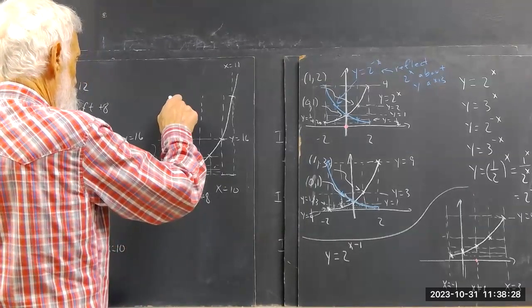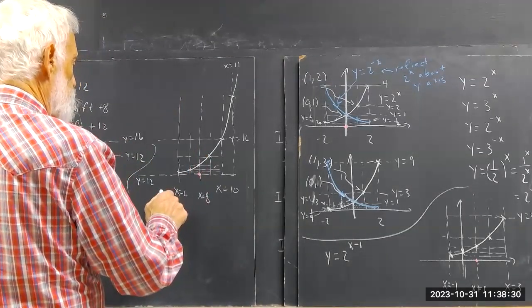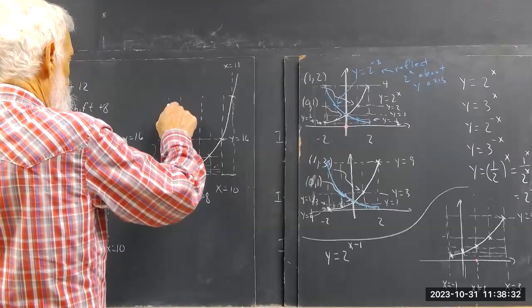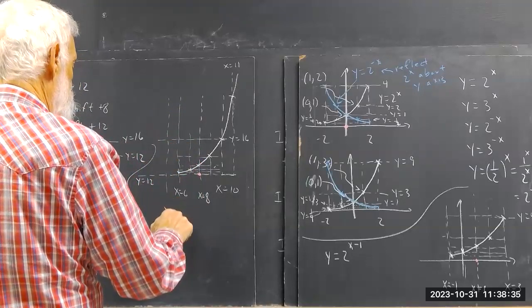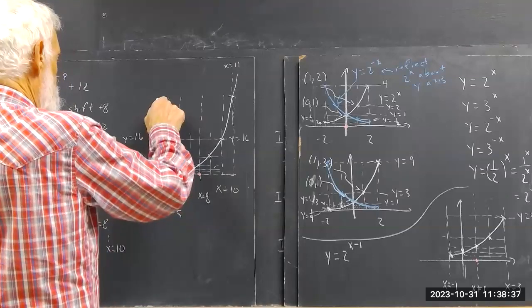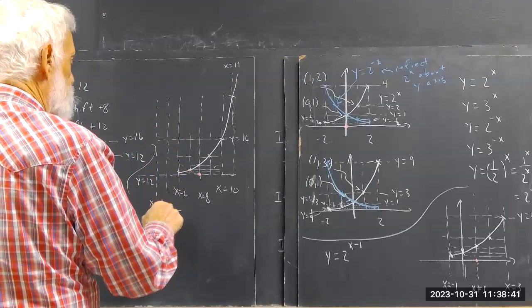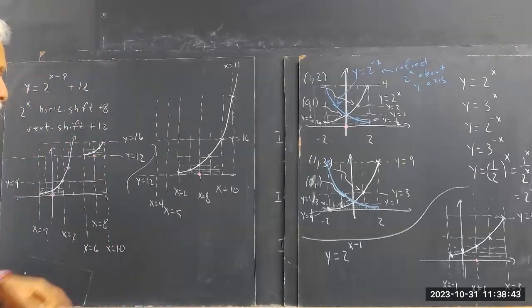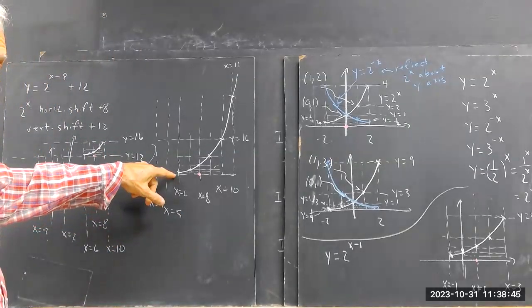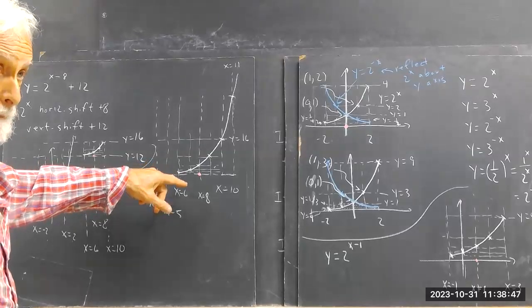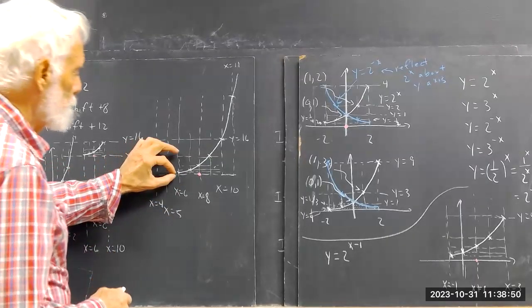But now, if we come over to x equals 5, and then to x equals 4, okay, we've got to go twice as close to the horizontal line here. We're really pretty close.